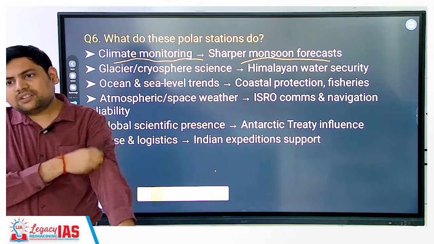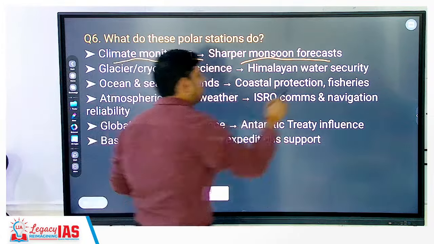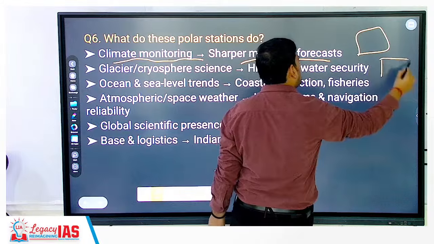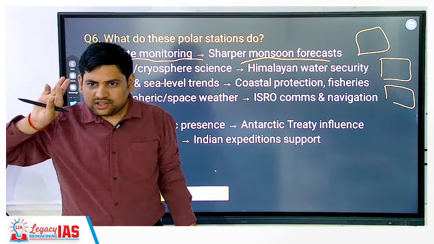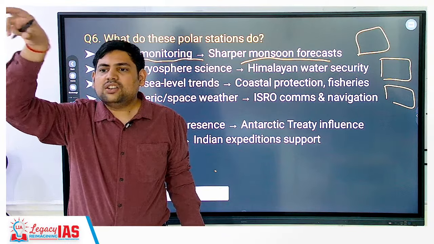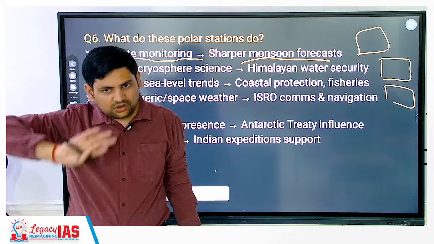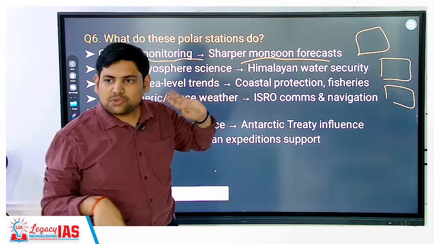Okay, including that of India, equatorial, all regions are affected. Those wind cells, you know, so they form cells, correct? So everything is connected to everything. Whatever happens in the North Pole or in the South Pole also impacts you in some way, weather wise. Okay, so that climate monitoring is done.